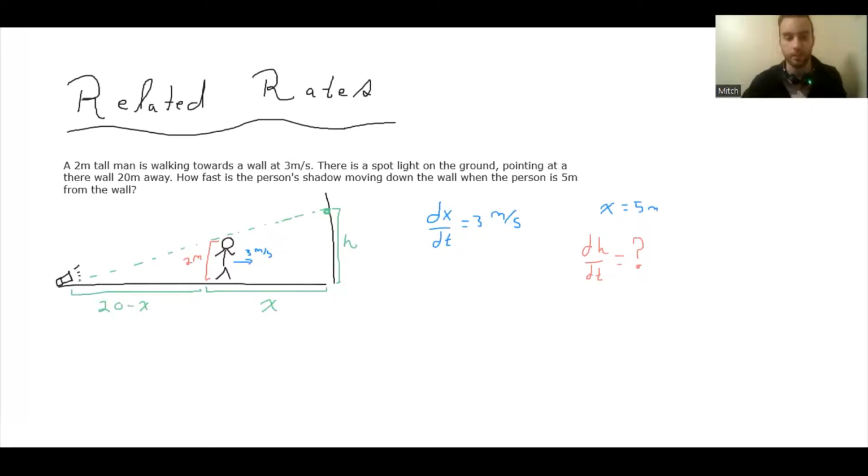If this is some angle theta, we know that tan theta is opposite over adjacent. So it's going to be 2 meters, which is not changing, divided by this right here, which is 20 minus x.